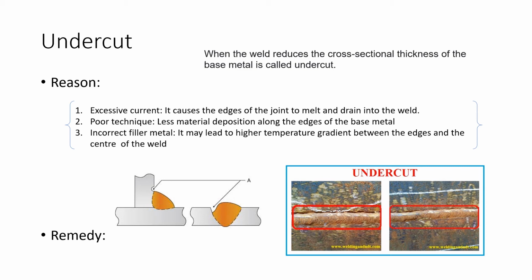Then poor welding technique, by which less material deposition is taking place, can be another reason for undercut. Then if an incorrect filler metal is used, there will be a high temperature gradient between the center of the weld and the edges. That may lead to undercut also. So the remedy should be the opposite.